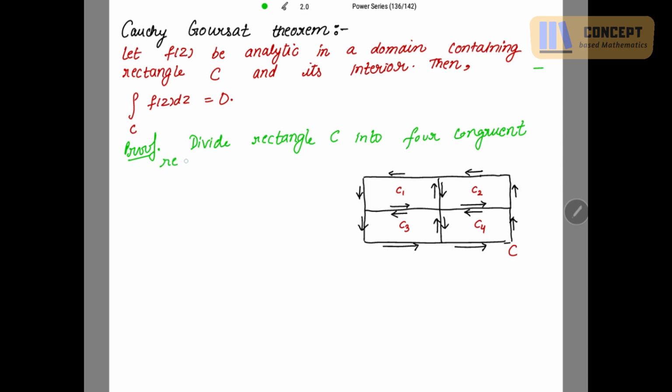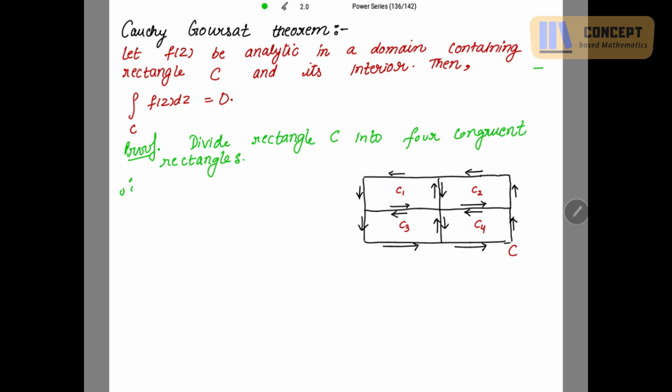Congruent means all the sides and all the angles of the rectangles are the same. So if these are C1, C2, C3, C4, then all the rectangles can be taken as C1, because they are congruent to each other.